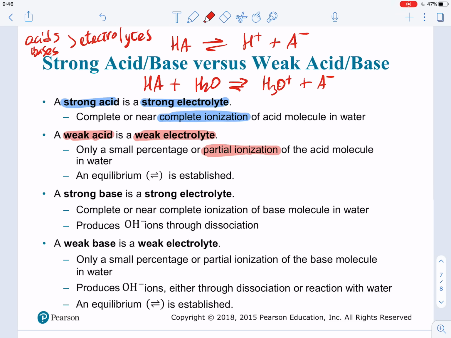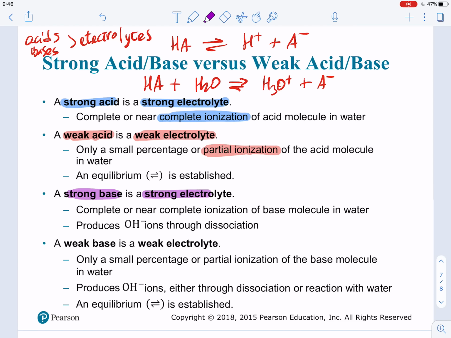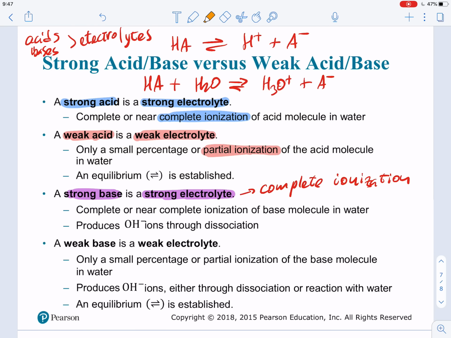And when it comes to strong and weak bases, the analysis is pretty much the same. Strong base, strong electrolyte, complete ionization. And weak base, weak electrolyte, is partial ionization.